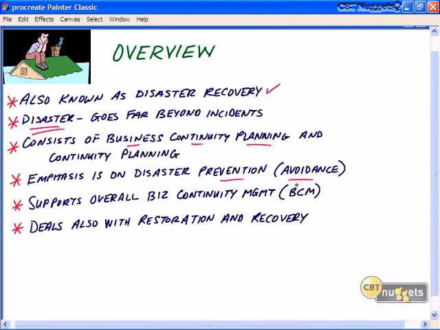So we're going to support the overall business continuity management, which is a higher level process that's going to involve people way up in the organizational flow chart or the org chart, however you want to look at it. It deals also to a lesser degree with actual restoration and recovery of IT services.